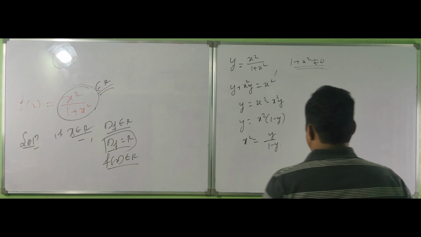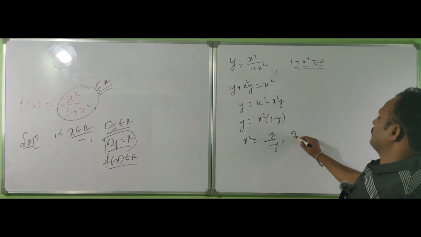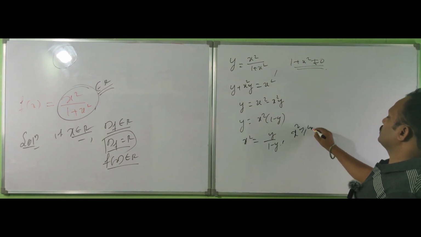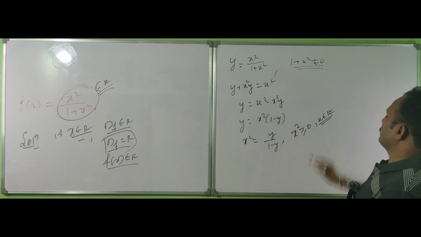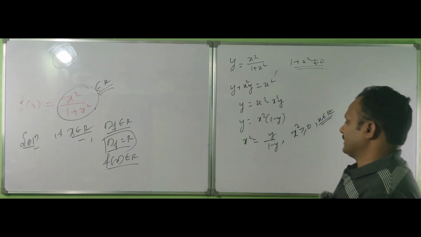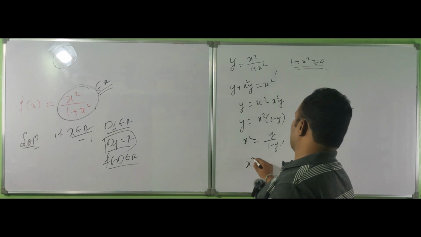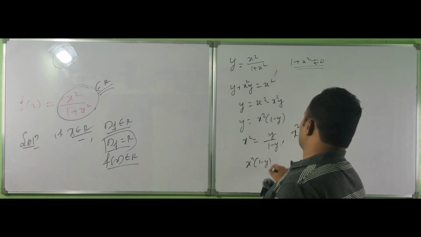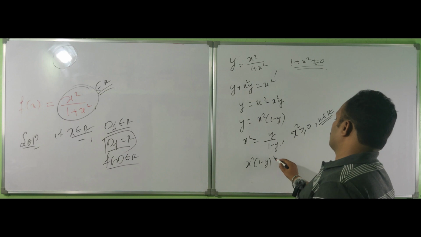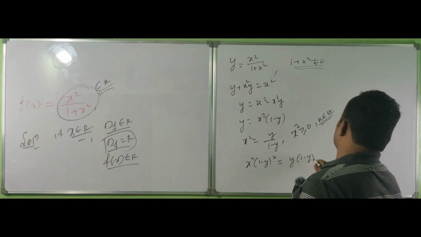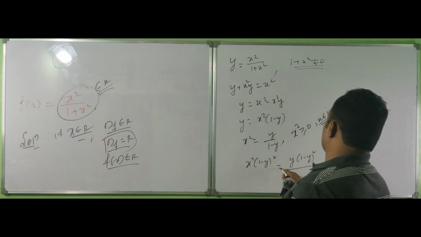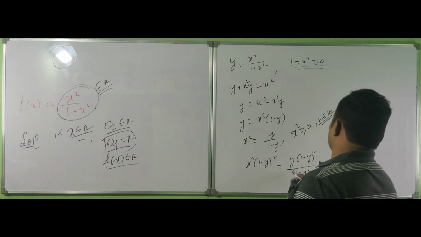Next, we already found x square is greater than or equal to 0, since x belongs to R, a real number. Then simplify. X square into 1 minus y whole square is equal to y into 1 minus y whole square divided by 1 minus y.